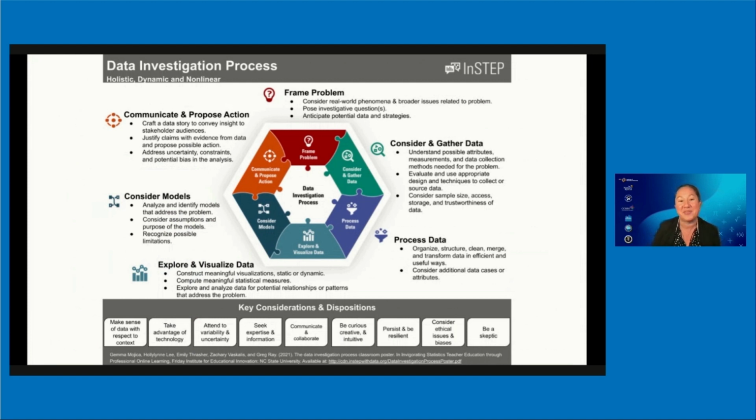We want to support that throughout. And then lastly, we want students to think about ethical issues and any biases or personal biases that they might have throughout. So this is a framework that we think can be really helpful in engaging students with data that's very specific to building data and statistical thinking.